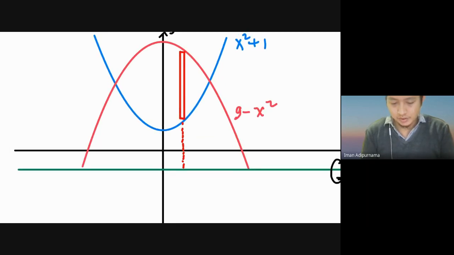Because when we rotate, there is nothing wrong in the graph.